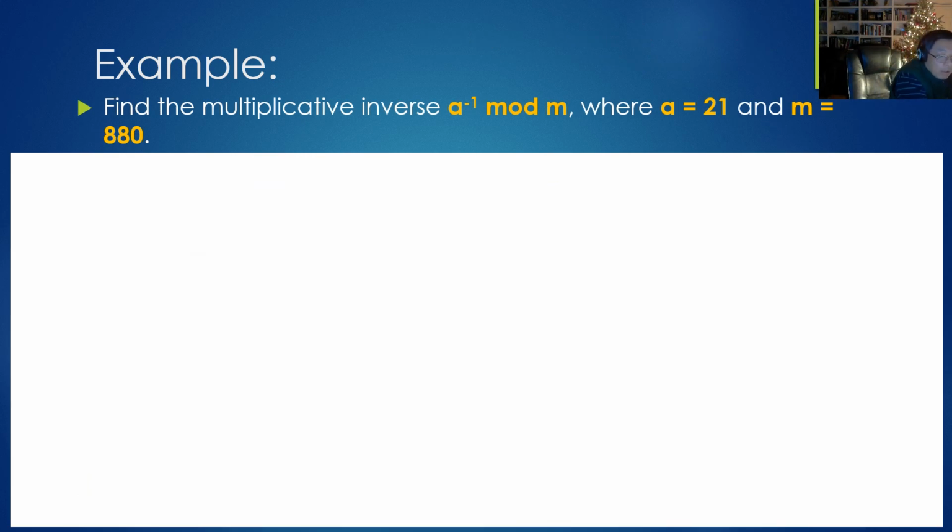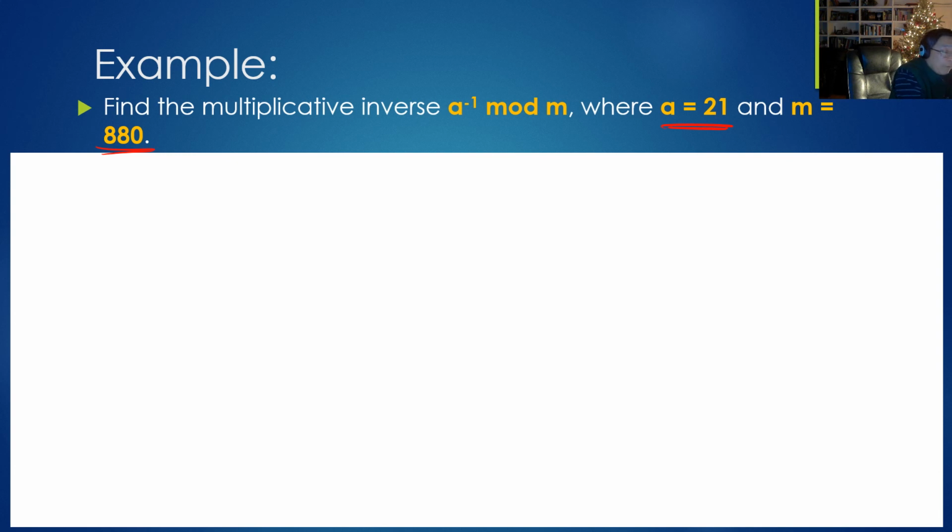Okay, let's quickly look at another example. Now in this case, we assume A is 21 and M is 880. Before you try to find the multiplicative inverse of 21 modulo 880, you need to first verify that A and M are relatively prime.